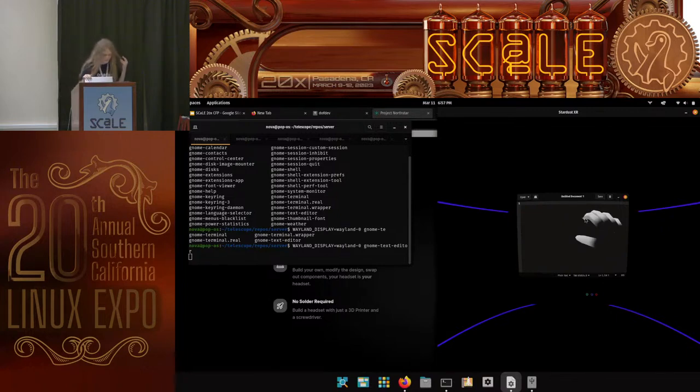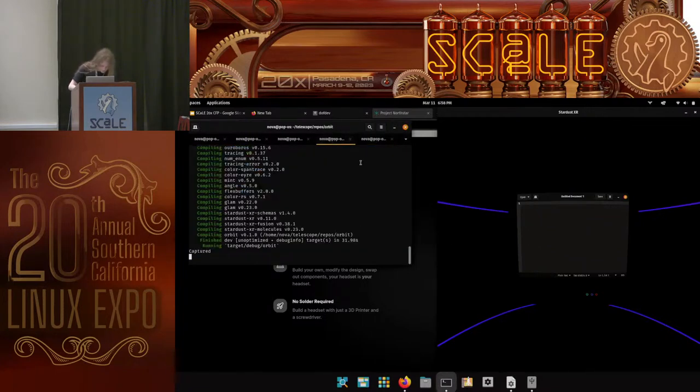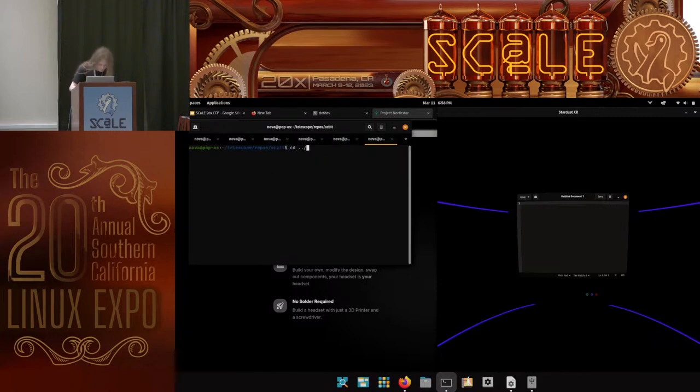Where's the mouse? That would make it much easier to do all of this. No mouse. Okay, we're dealing with this. Actually, I do have Protostar, so I can show that off.